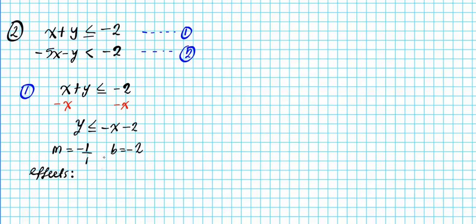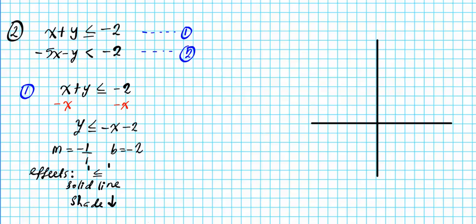All right, so let's look at the effects for this line. We have less than or equal to. So what does that mean? It means we're going to have a solid line, and since it's less than, we're going to be shading downwards. Okay, solid line, shade down. All right, let's go ahead and graph this line.